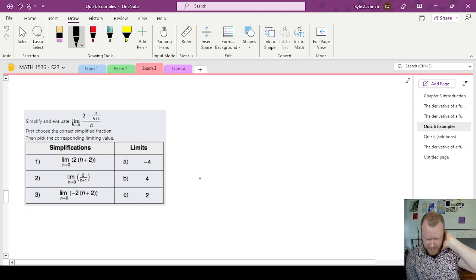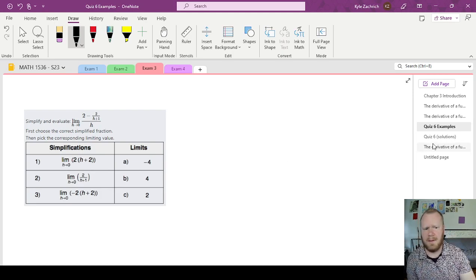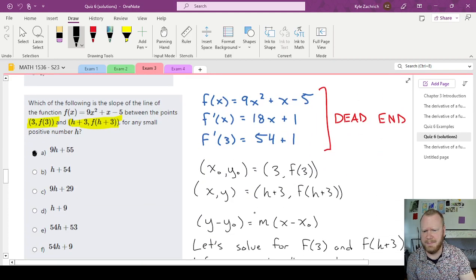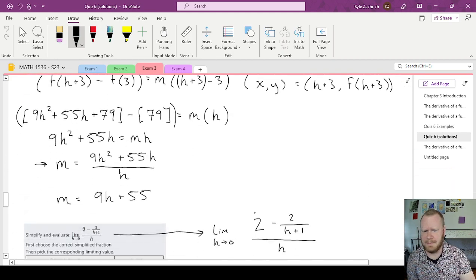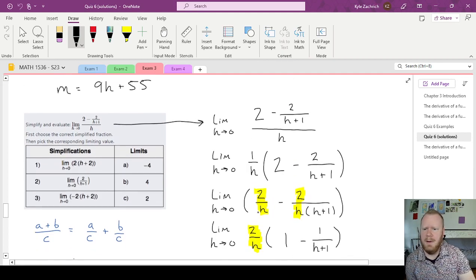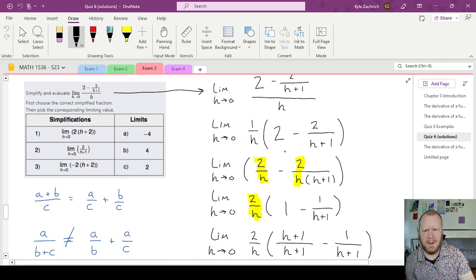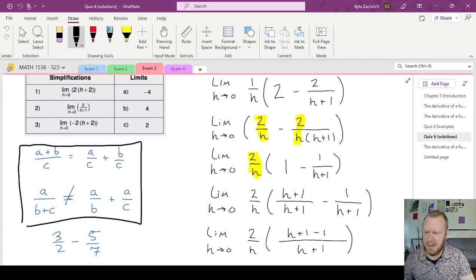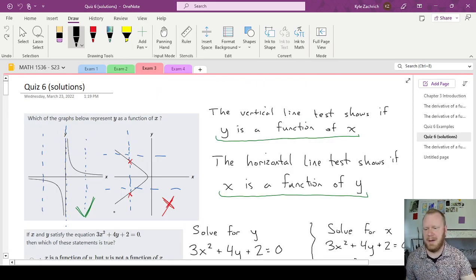This one here, I'm going to show you the solutions that I've got, but basically this is just taking you through the algebra. This is just manipulating the variables, but a couple things to keep in mind is that you can split up fractions like this across the numerator, but you can't split them up across the denominator.